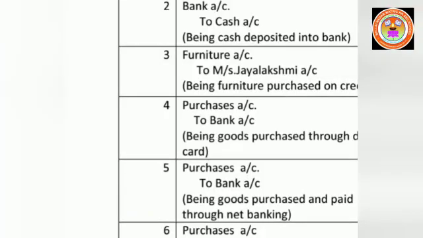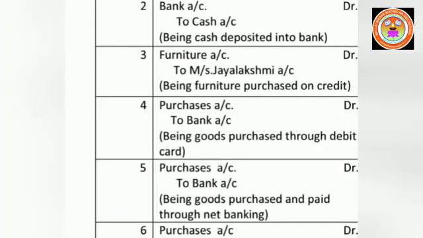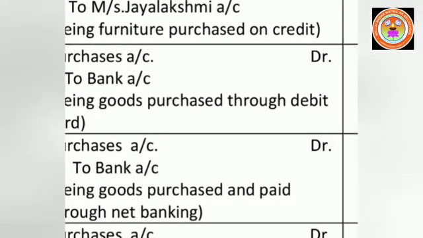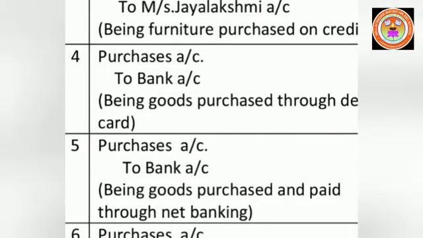Put the date under date column, March 5. Here also Ramesh is purchasing, so purchases account must be debited as usual. Purchases, we are debiting purchases account under the nominal account rule.